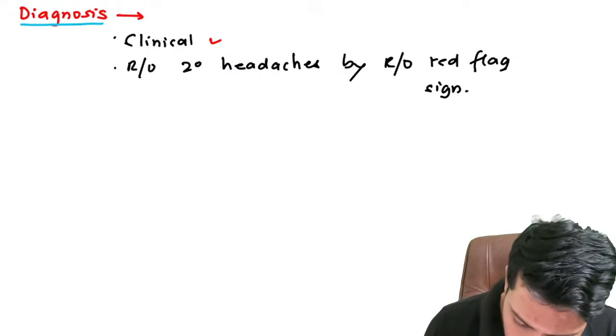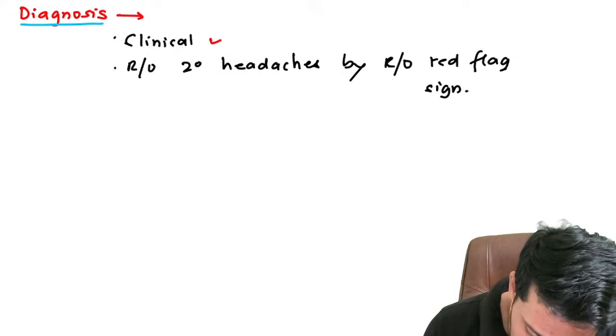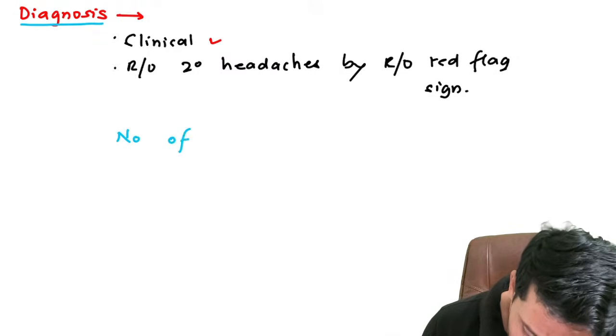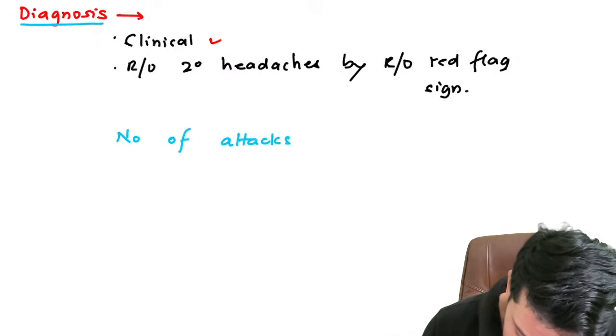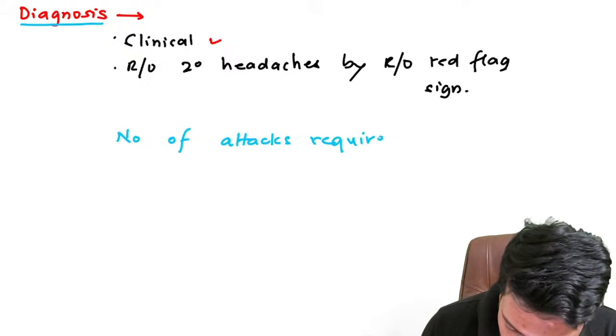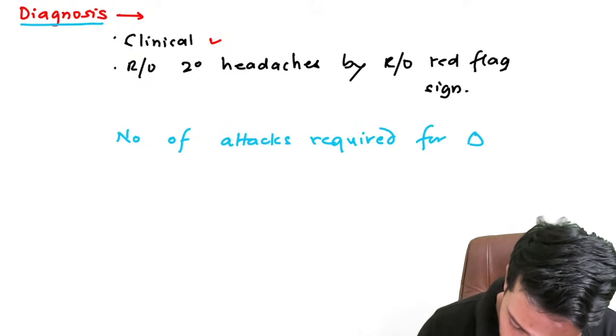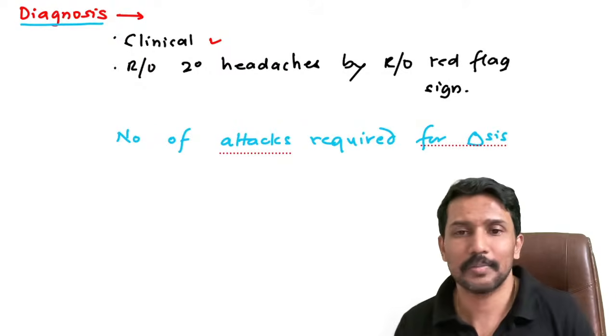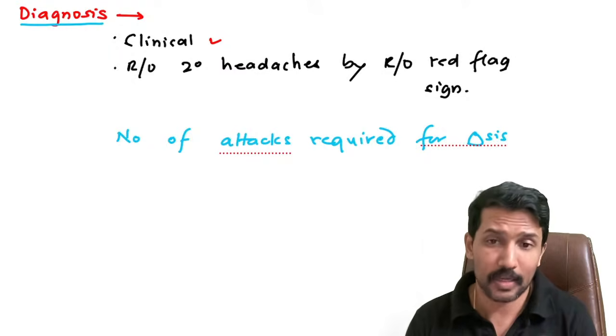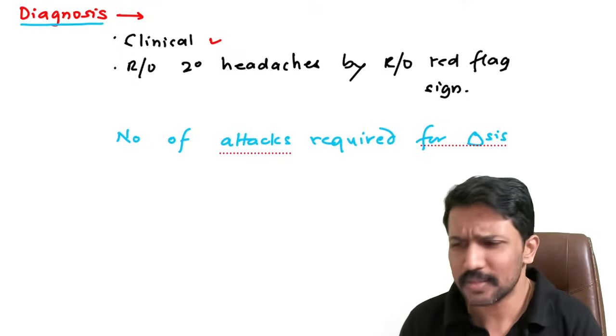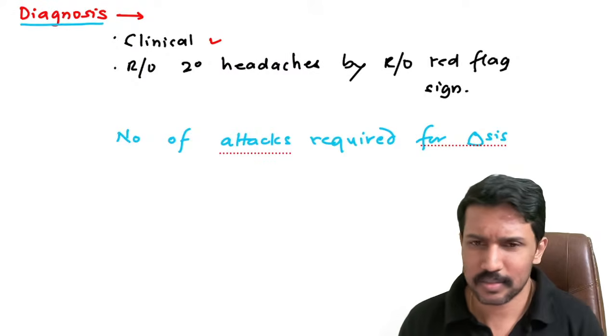And then the other thing I want you to mention here is the number of attacks required for diagnosis. Means if someone presents with headache for the first time, I don't label it as migraine. I don't label it as tension type of headache. It could be simply because of inadequate rest, right?